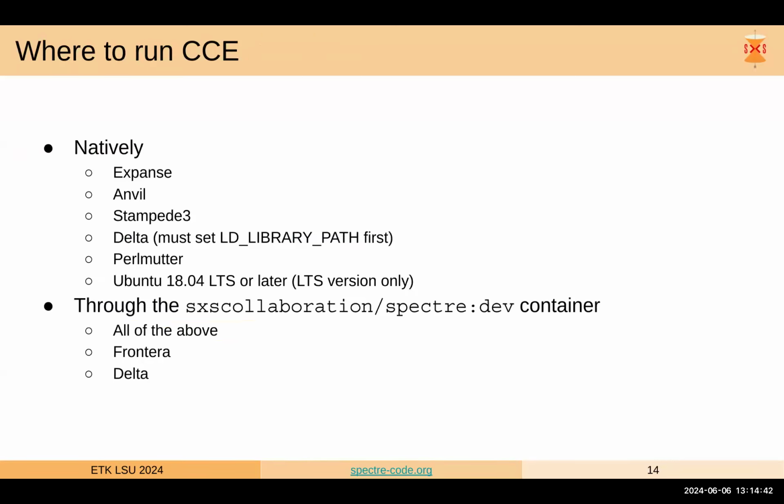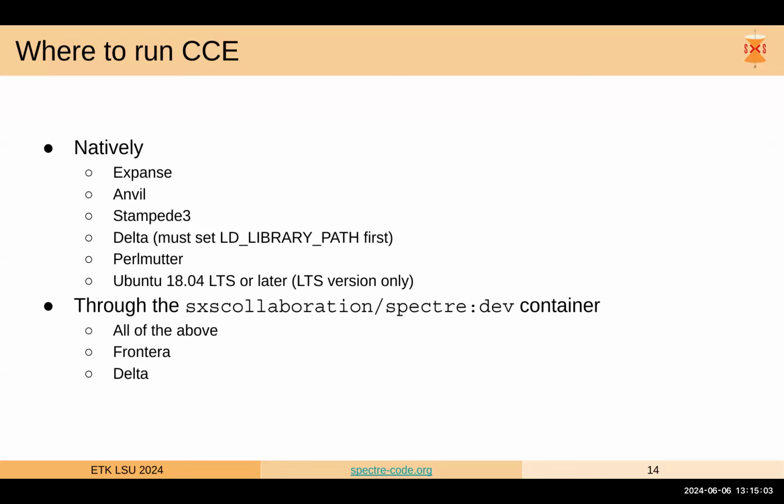And so where can you run this? We've tested this currently on Expanse, Anvil, Stampede3, Delta, where you have to set the environment variable first, Perlmutter, and then any Ubuntu distribution 18.04 or later. Those run natively on the systems that we've checked. We also offer a Docker container that has a full SpECTRE environment in there.